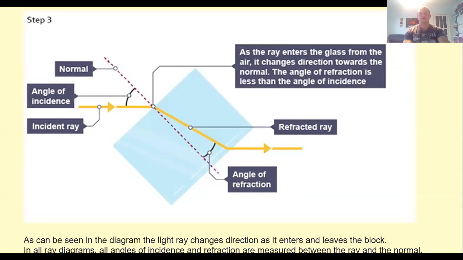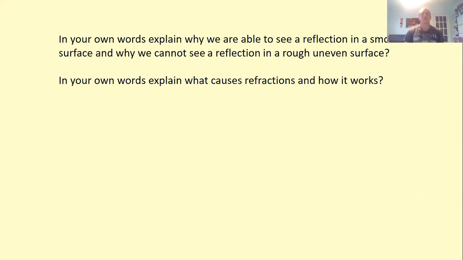Okay, guys, so your task, which is now on Shobi, is I would like you, in your own words, to explain why we're able to see a reflection in a smooth surface and why we cannot see a reflection in a rough, uneven surface, and also explain what causes refraction and how it works or why it happens.